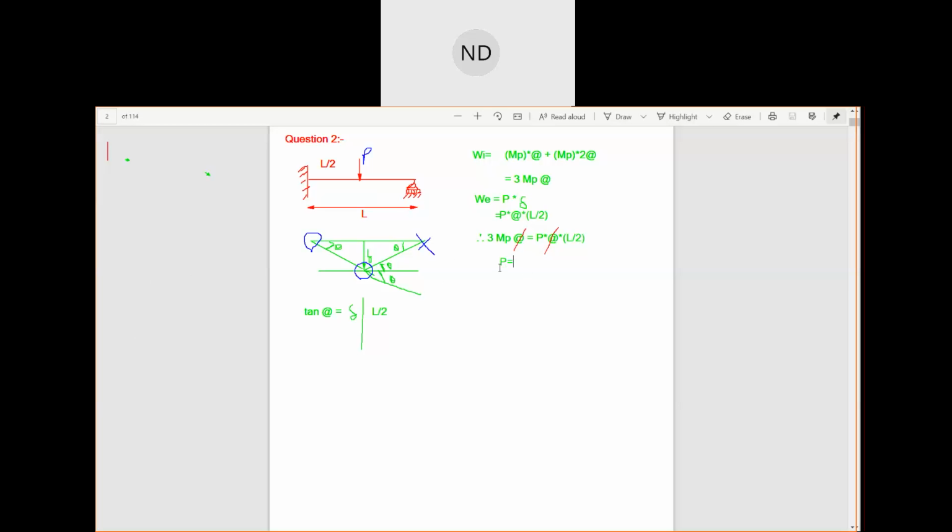By 2, so it will be 6 MP divided by capital L. Right, from here we get P is equal to 6 MP by L. So this is our collapse load.